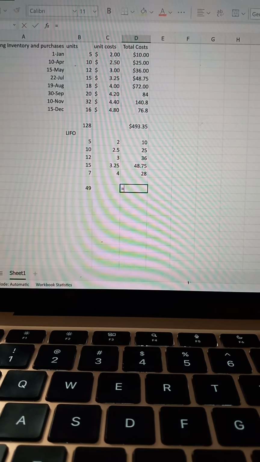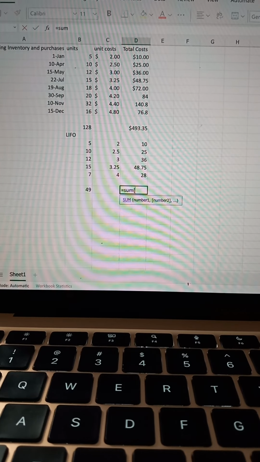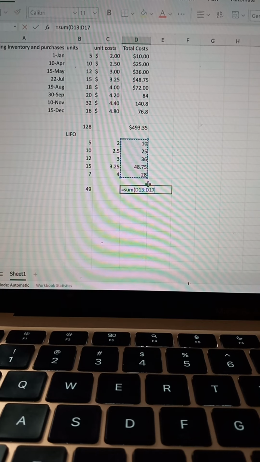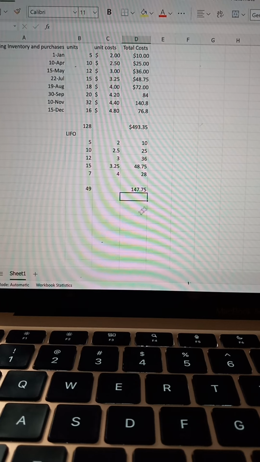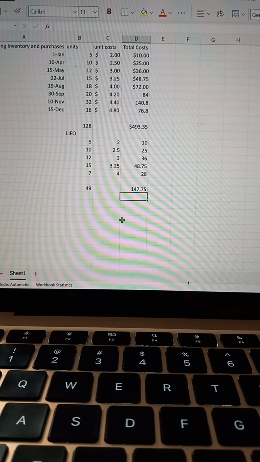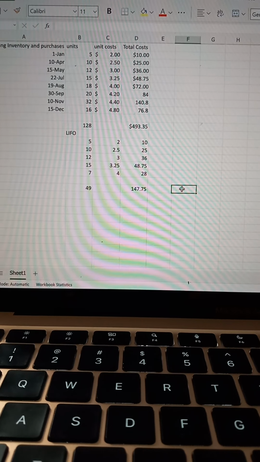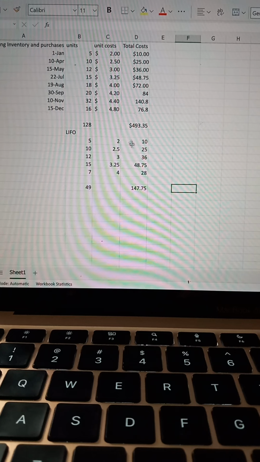So what we're going to do is we're going to take the sum of these. That gives us 147.75. So what we're going to do is we're going to take our original value up here for their total costs.